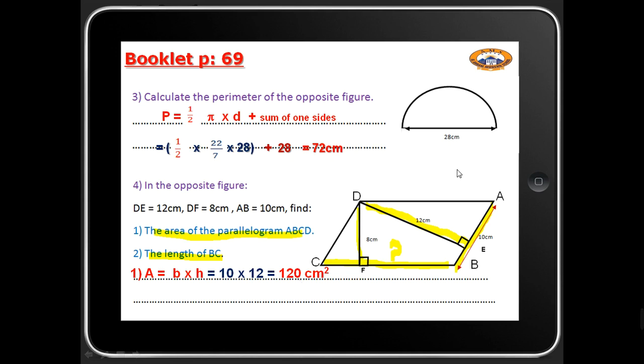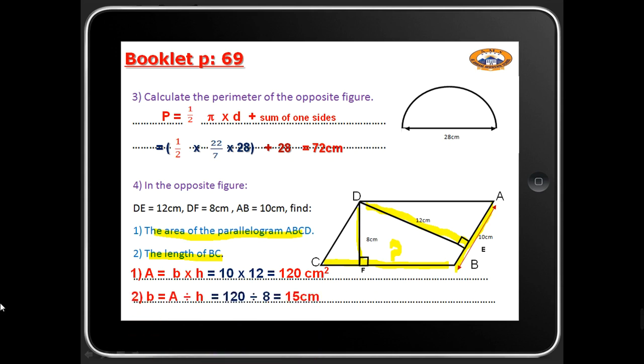I have the area of the whole parallelogram, and I have the height of the parallelogram, which is 8 centimeters, the height DF. As we studied before, if I want to get the base of the parallelogram, I divide the area by the height. We have 3 letters, so you can draw your magic triangle.